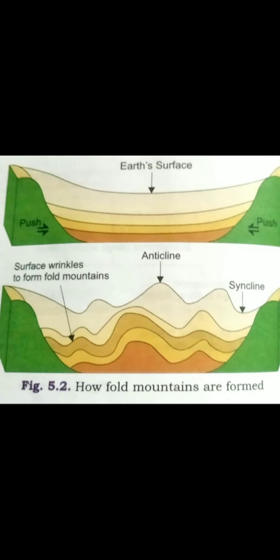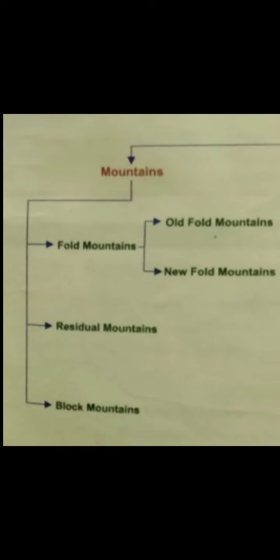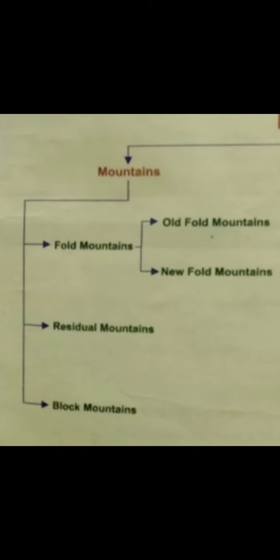There are two types of fold mountains, as we have seen: old fold mountains and young fold mountains. Old fold mountains are those mountains which were formed many years ago. In India, we have the Aravalis in Rajasthan.